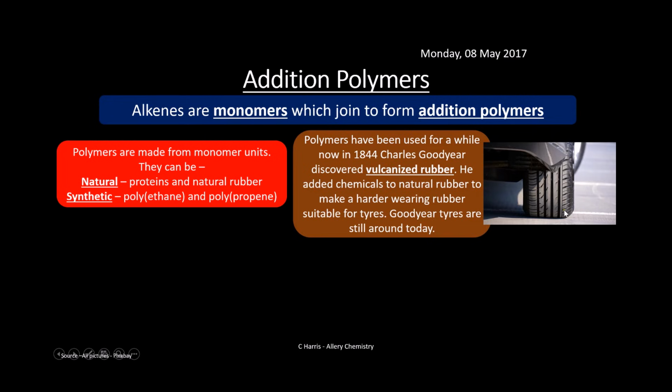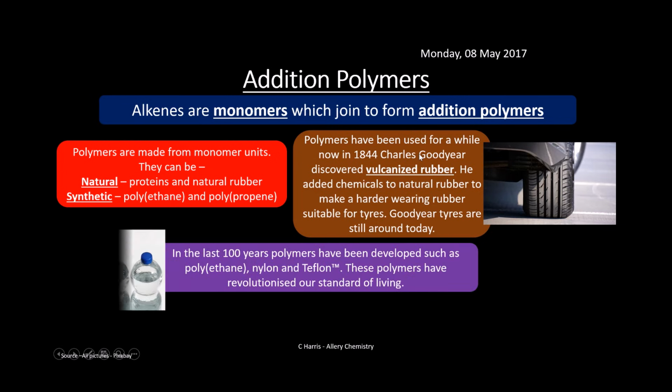Basically all he did is he added chemicals to a natural rubber, and he made it harder wearing, which was ideal for tyres. So obviously we can still see Goodyear tyres around now, but it all started from this guy called Charles Goodyear. I think he discovered it by accident as well. I think he was looking for it, but I don't think he purposefully designed the chemicals. I think it was an accidental discovery, but he did want to look for a stronger rubber.